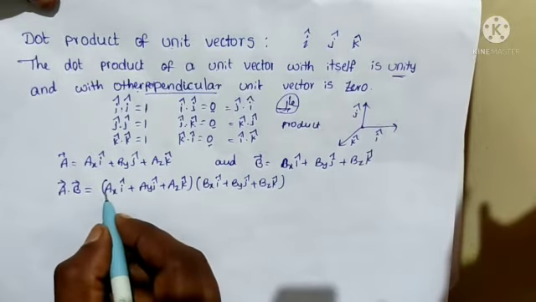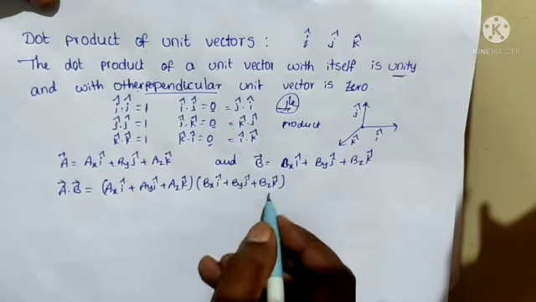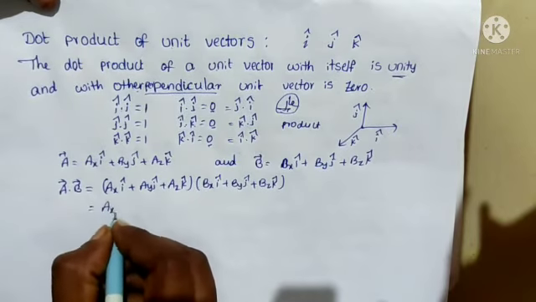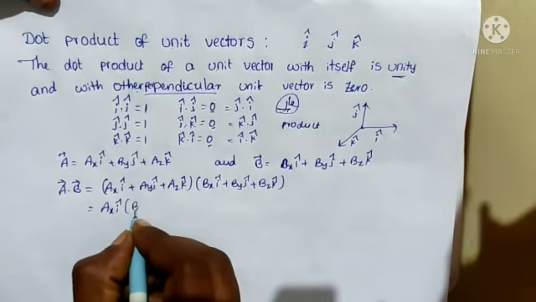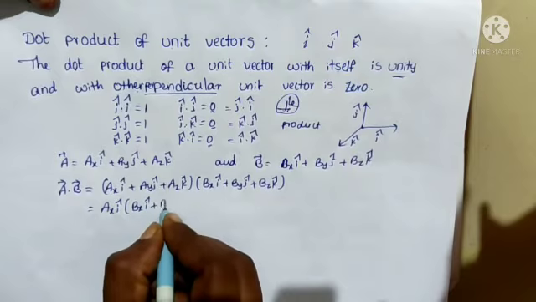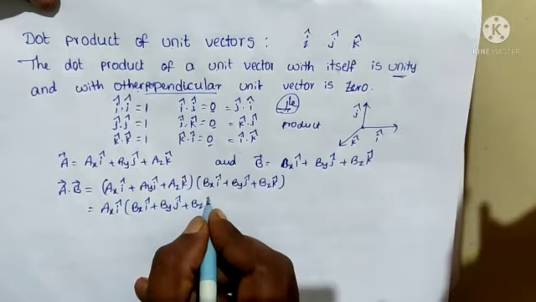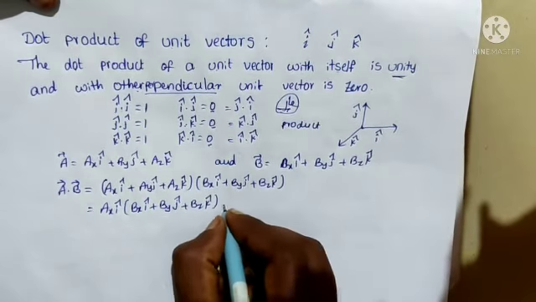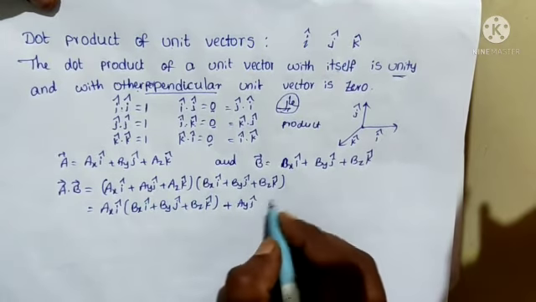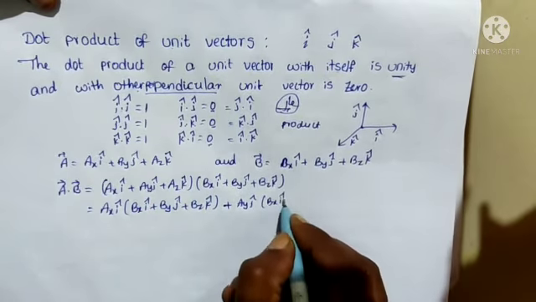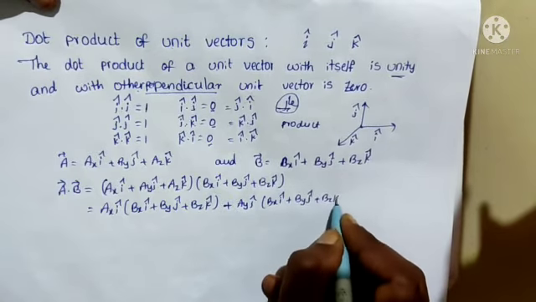So now first Ax i cap is multiplied with the B vector, same like Ay and Az. Now write Ax multiplied with the B vector: Bx i cap plus By j cap plus Bz k cap. Now Ay is multiplied with the B vector: Ay j cap into Bx i cap plus By j cap plus Bz k cap.